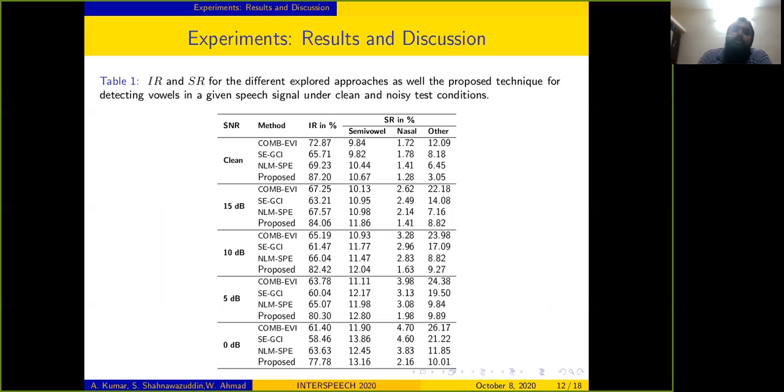So these are the results. The results are obtained in both the clean as well as the noisy conditions. So what we can easily observe is that our proposed method outperforms in both the clean as well as the noisy condition case. Okay.